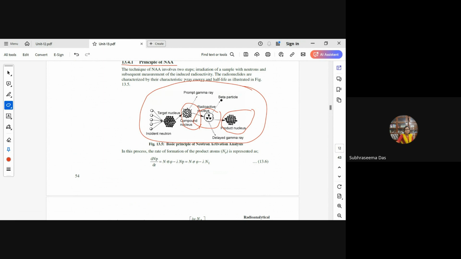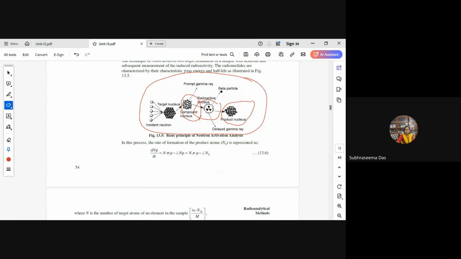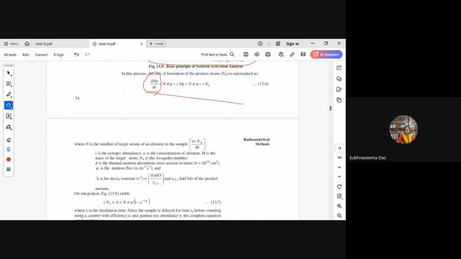Particularly in this process, the rate of formation of the product nucleus, given as dNp by dt, where p represents the product formed, is given as n sigma phi minus lambda n1. In this equation, I is the isotopic abundance, W is the concentration of the element, M is the mass of the target atom, Na represents Avogadro's number.